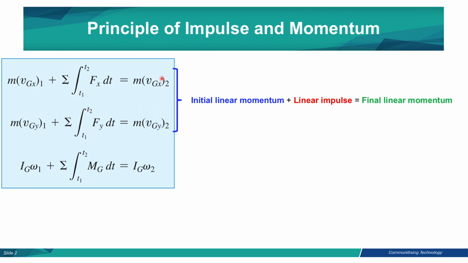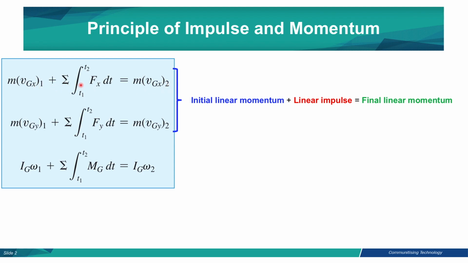So what this equation states is the initial linear momentum, either in x or y axis, represented by mv1, plus the linear impulse, this integration of F dt, which is basically the impulse, is equal to the final linear momentum mv2.